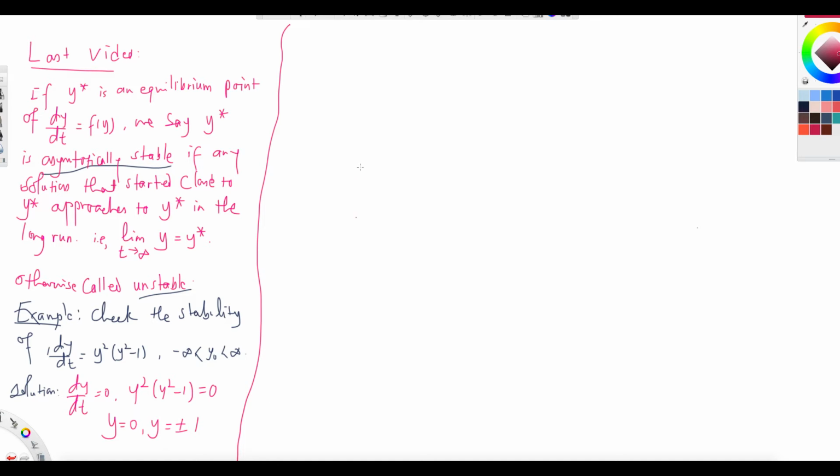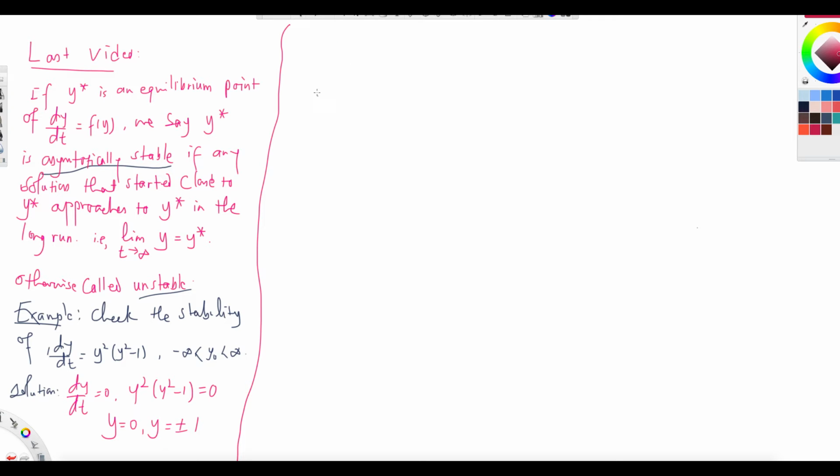Now to test the stability, first of all, we need to plot them. We need to draw the phase portrait or the phase line or the phase plane, whatever you say, okay? Usually for only one equation we call it a phase line, okay?